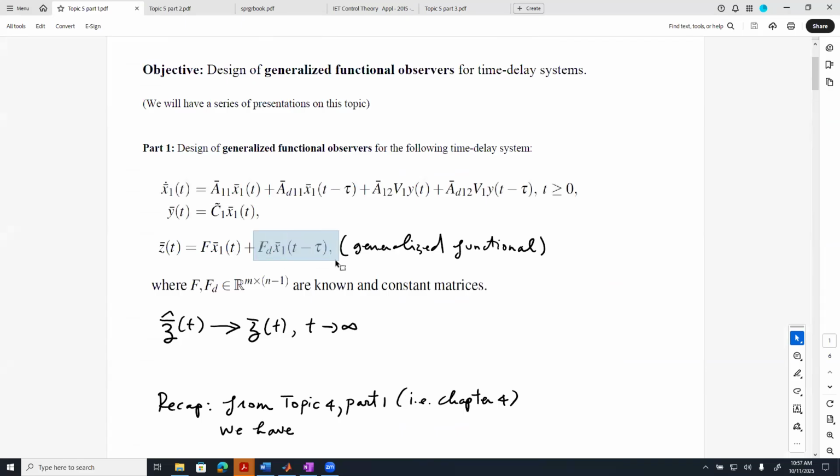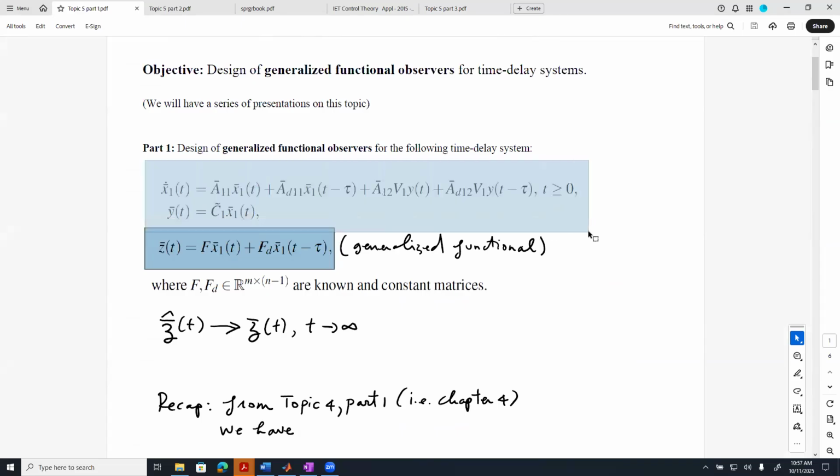We want to really demonstrate the significance of having that extra term in the generalized functional observer design for this linear time delay system.